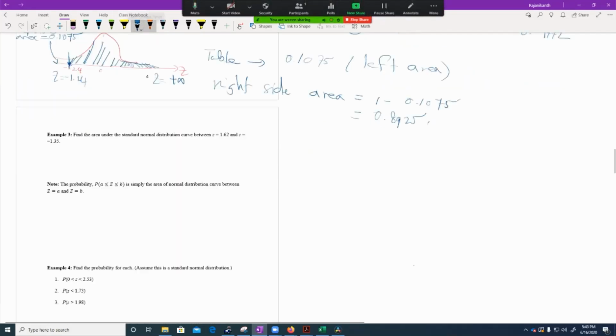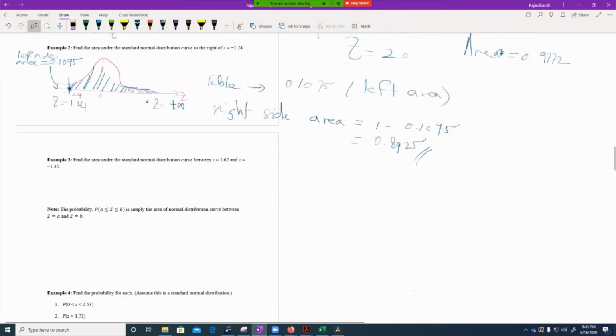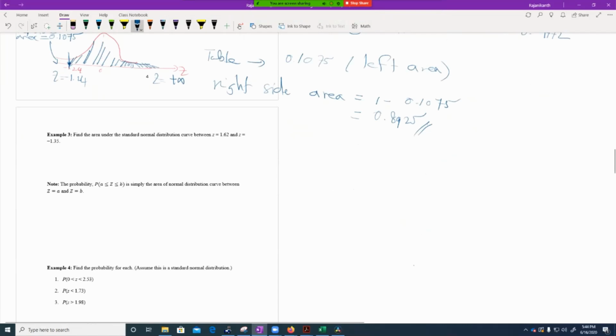Okay, good. But the good thing is, you could use the calculator to find the area of any standard normal or normal curve. How do you find the area? Use this function from your calculator, which is called the normal CDF.